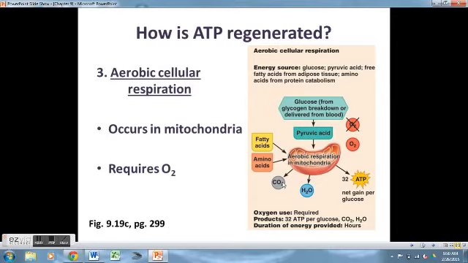This is really what is running your body. It can provide hours of energy. 1 glucose gave you 32 ATP, right? There's millions of glucose molecules being used by your body every day. So this really is providing us the energy that we need. But again, it never really gets ahead.